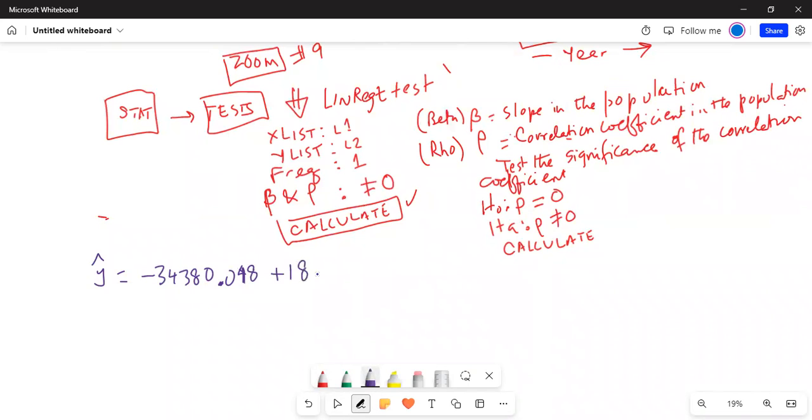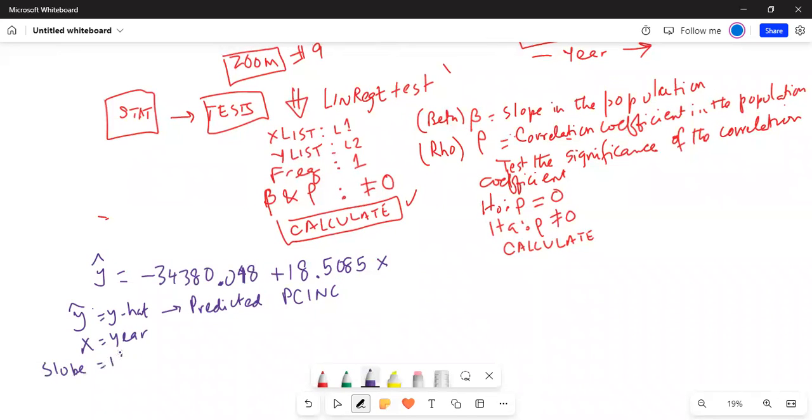Plus 18.5085x. So y hat is the predicted per capita income. X, of course, is the years. And your slope is equal to 18.50, you may say 9.